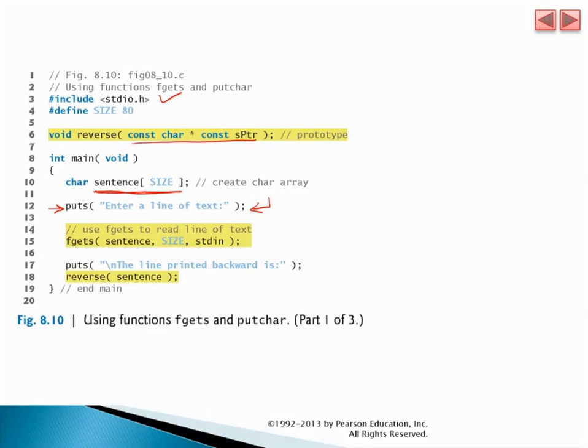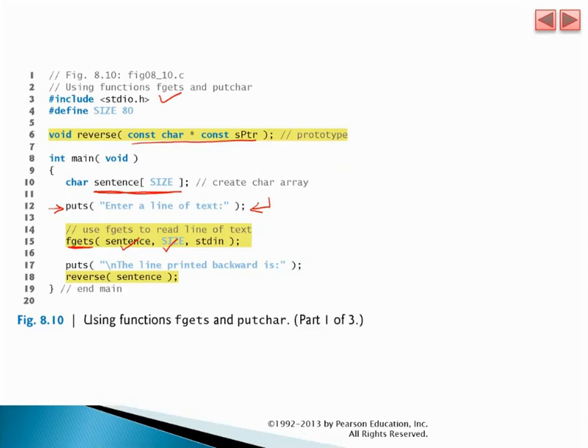Right? Now we are calling fgets. Now we are taking input using the fgets function instead of scanf and anything else. In this, we will mention the array name, so whatever input comes will be stored inside this array. Then we mention the size.